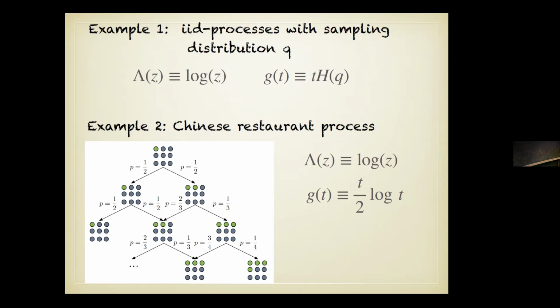And now we can, however, look at different processes of interest. One is the so-called Chinese restaurant process. It's a very simple process with some sort of memory and path dependence. And it works like the following. You have an infinitely long street, and you have one restaurant after another.